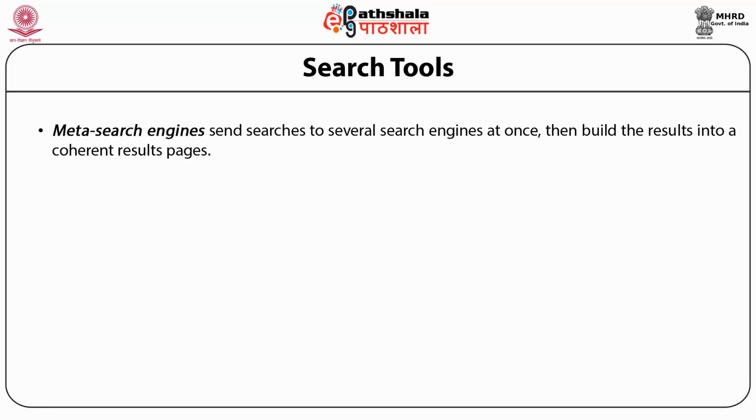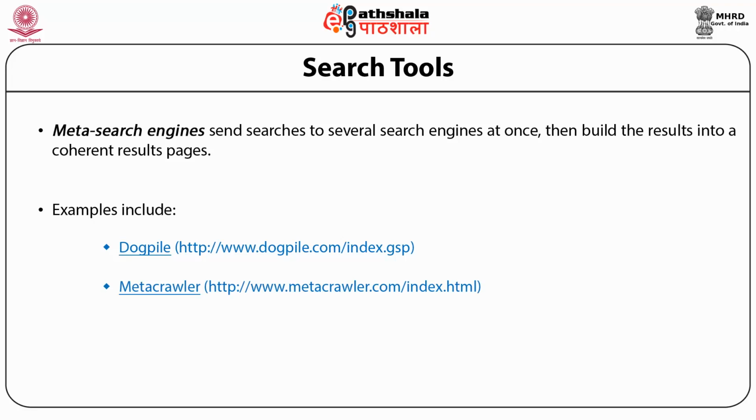The more popular meta search engines are Dogpile and MetaCrawler. One can use these meta search engines if you want to get search results from several search engines at one time.